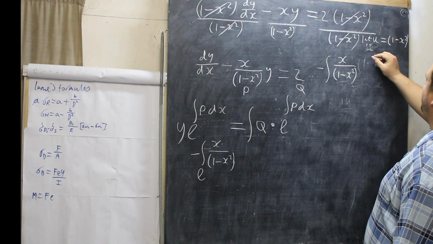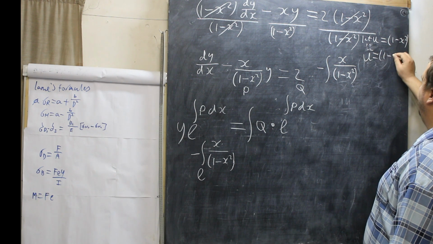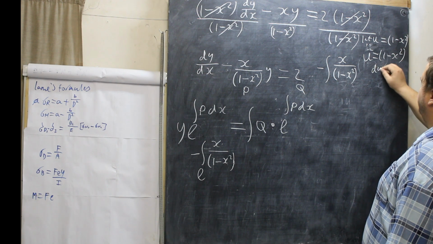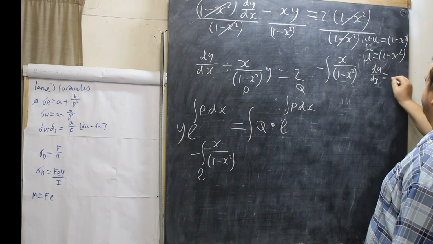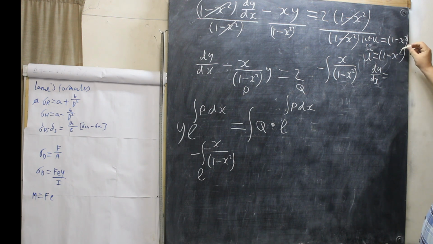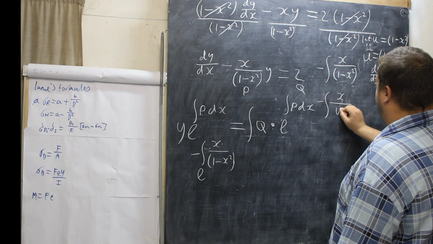So du over dx equals, now we take the derivative of this. The derivative of 1 is 0. So, minus, now we take the derivative of x squared, which is 2x. So minus 2x. Now we come back here, the integral of x over u.